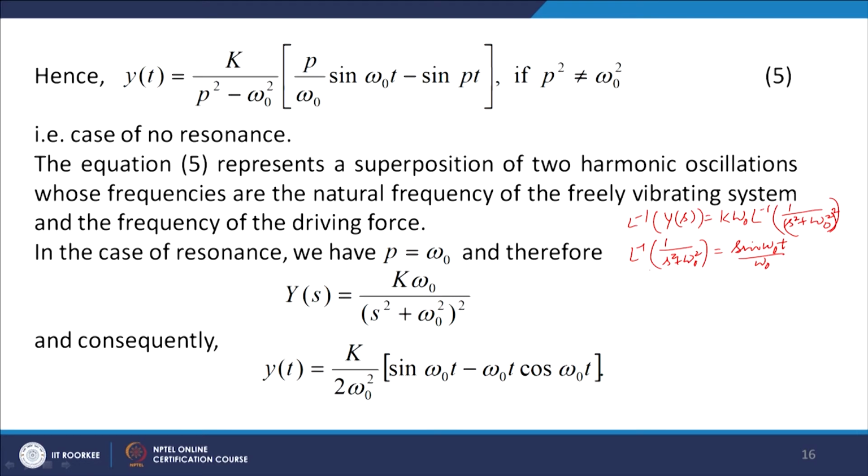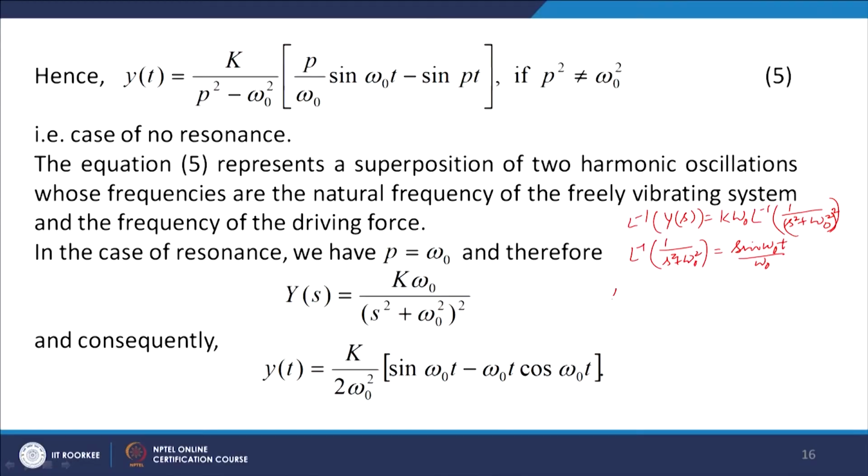Suppose we know the Laplace transform of f(t) equals F(s), then differentiation of F(s) with respect to s gives the multiplication of f(t) by minus t. So, we have the Laplace transform of minus t into sin omega naught t divided by omega naught. When you differentiate 1 over s square plus omega naught square, the sin omega naught t over omega naught will be multiplied by minus t.